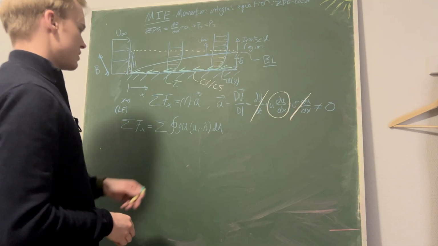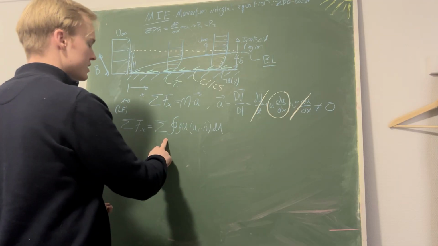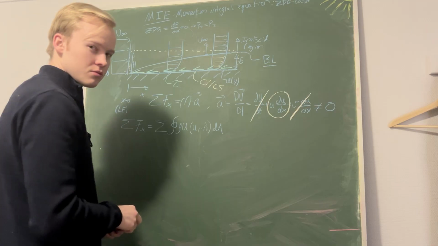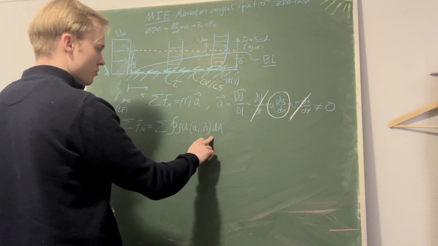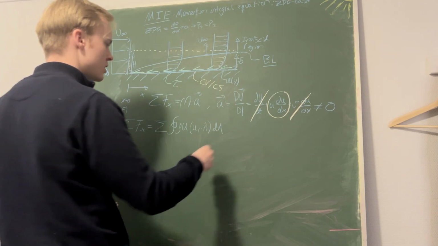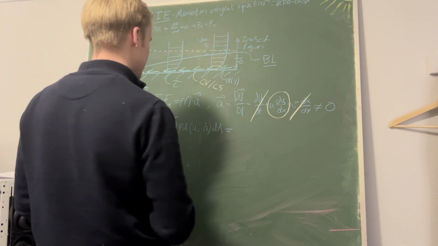If we express this out, because this is the net change of momentum flux, you could say this accumulates to a force. We have rho u squared A, if we integrate this.